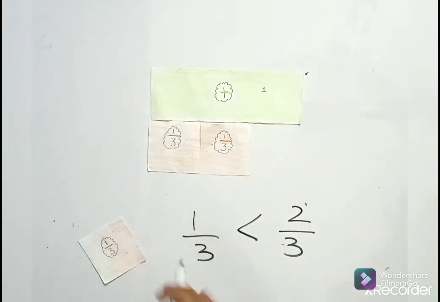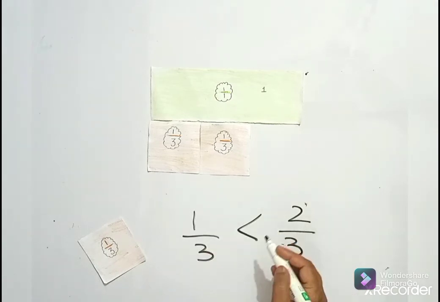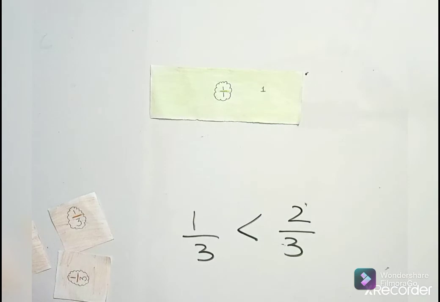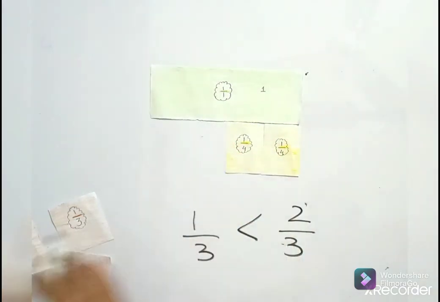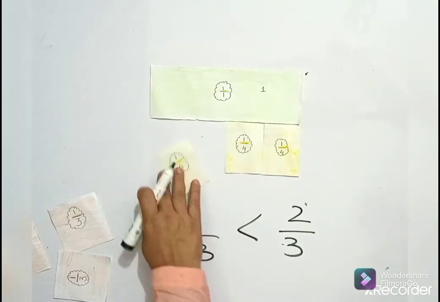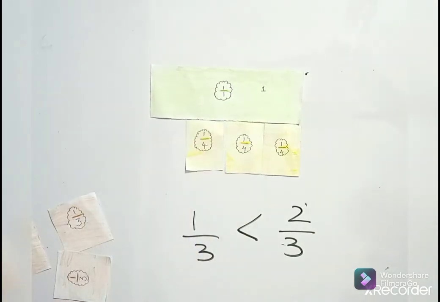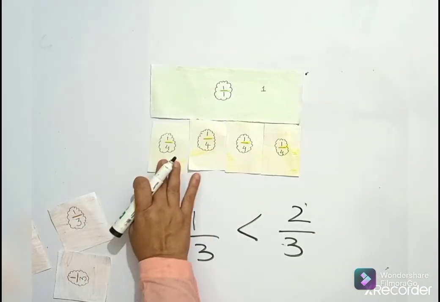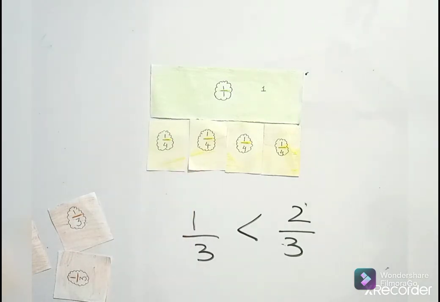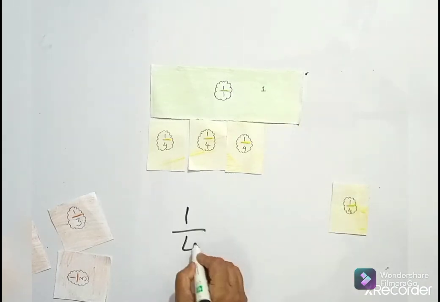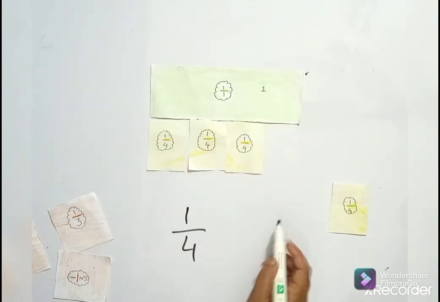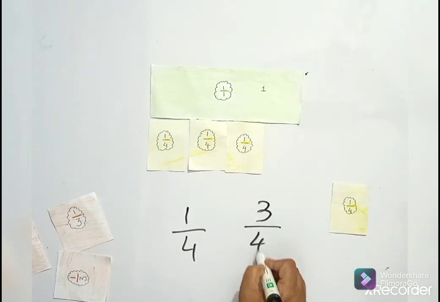In the same way, you can use different steps. 1/4, like this. How many 1/4s make a whole? 4 1/4s. Very good. Then if I take 1/4, how many are left? 1, 2, 3. 3/4.